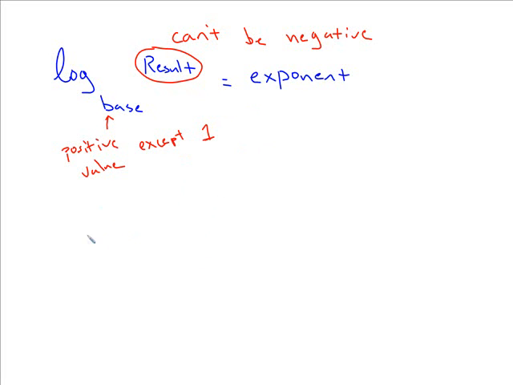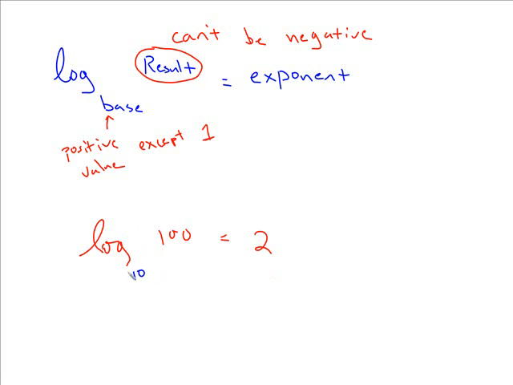Another thing, if you ever get something like this, let's say for example log, and they don't write anything, if you ever get a log in log form, and they don't show the base, or they don't give you a number here, you can automatically assume that there's an imaginary 10 here, base 10.